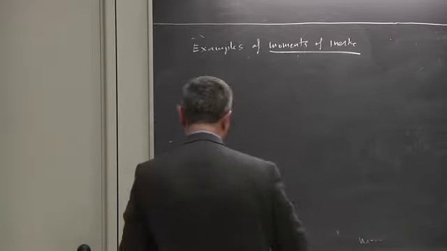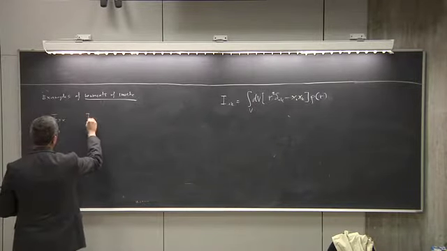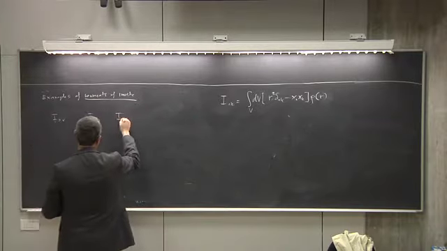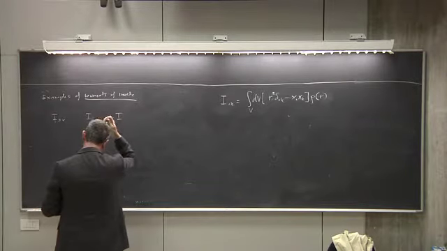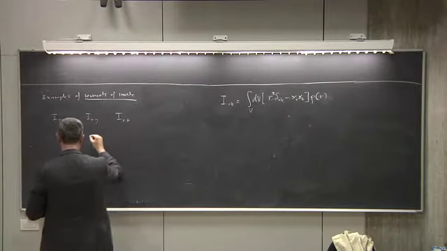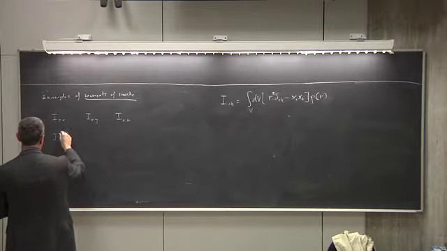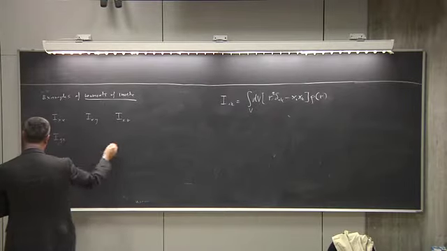So in other words, you have this I_XY, 3 by 3, so I have to write 9 of these: XX, XY, XZ, then YX, and so on and so forth.